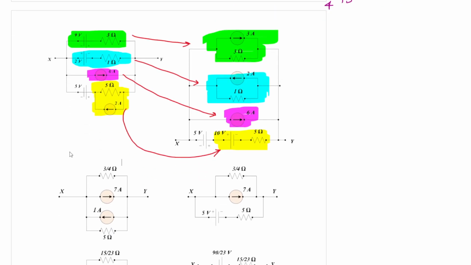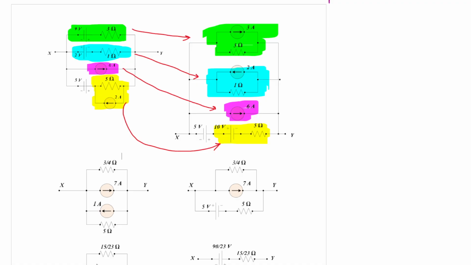From there on, we have seen that across the terminals X and Y, the net current flowing is 7 ampere from X to Y, right?